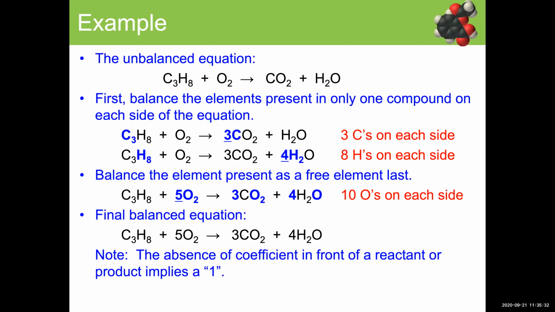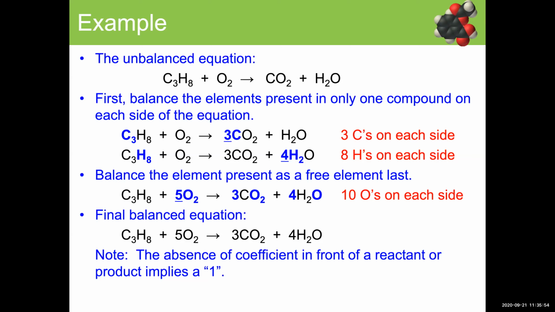So we feel good now. We have the carbons balanced with 3 on each side. We have the hydrogens balanced with 8 on each side. Now the final thing to do is to balance oxygen. On the product side, we have a coefficient of 3 in front of the CO2.